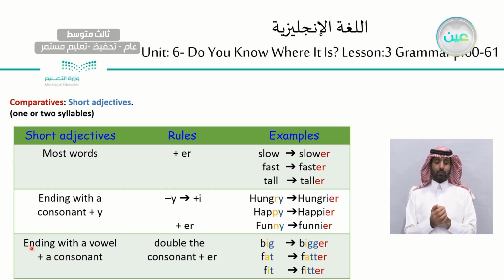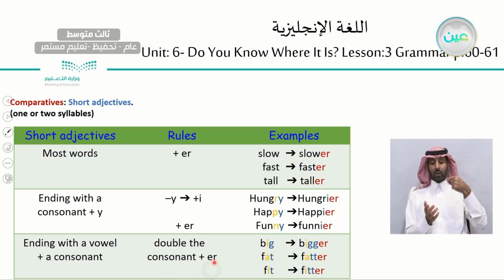Sometimes we have adjectives that end with a vowel, then a consonant. For example, we have a vowel here, I, and then a consonant. What do we do with these? We double the consonant and then we add er. Big, bigger. Fat, fatter.